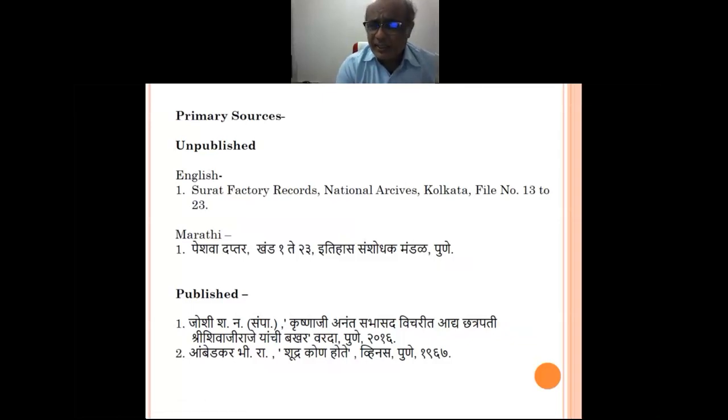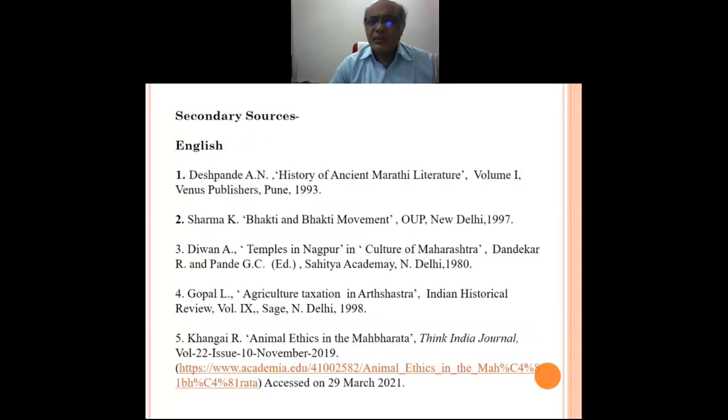Then Ambedkar's book, for example. Ambedkar has written it, and it was published in his own lifetime, by Venus, Pune, 1967. So you have to write it like this: Ambedkar, Bhimrao, Shudra Kon Hote, published by Venus, Pune, 1967.